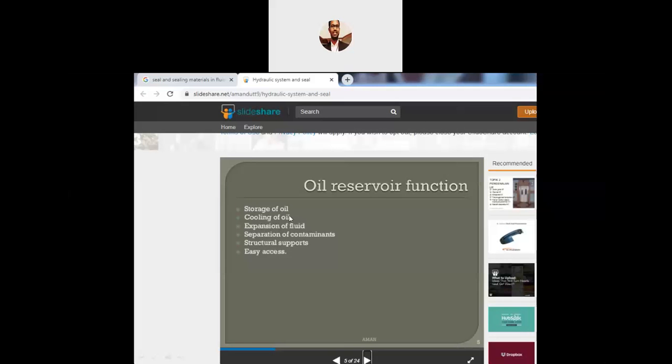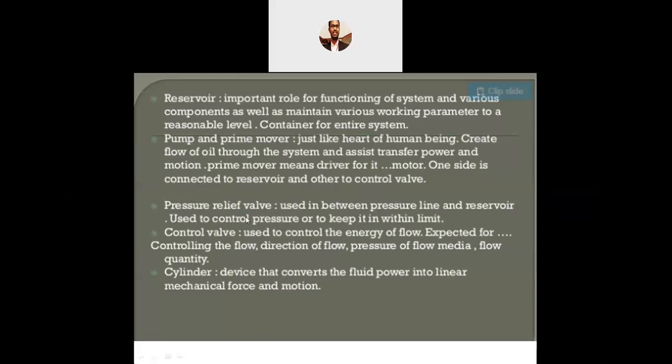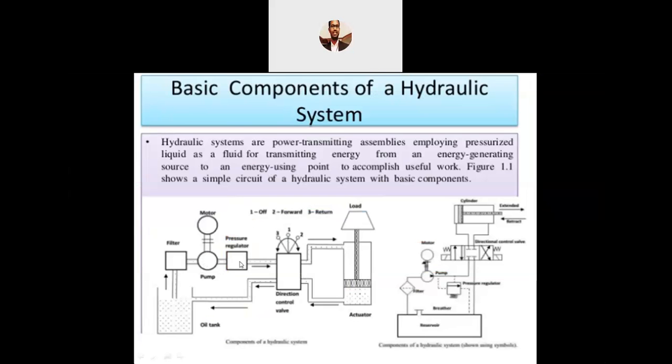Cooling of oil, as I told you: a small amount of oil will be flowing over here, where the pressure is increased, regulated, and decreased, and there is metal to metal contact. Due to the friction, a small amount of friction, I'm not talking about the major frictions, whenever there is a motion, this oil also acts as a lubricant, my dear friends. Though it is also the working fluid, it also acts as a lubricant.